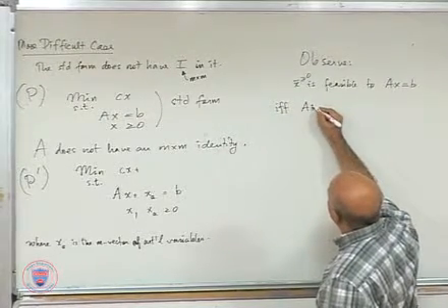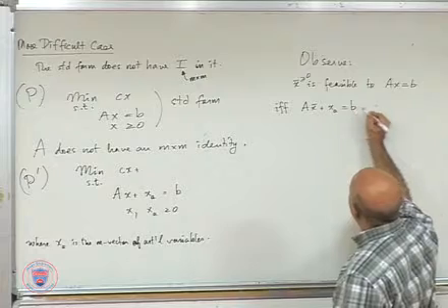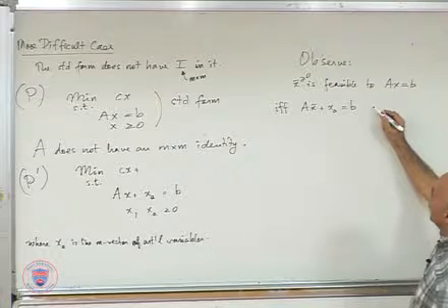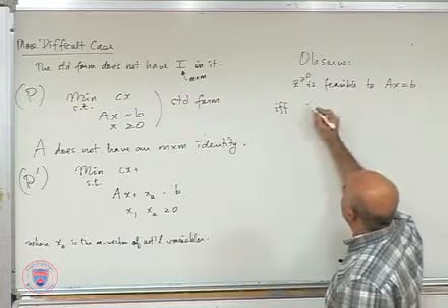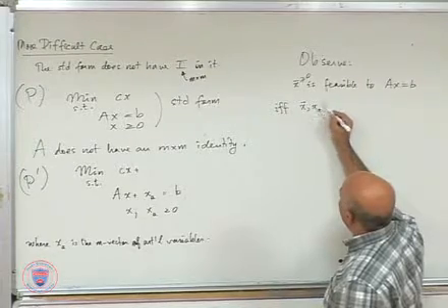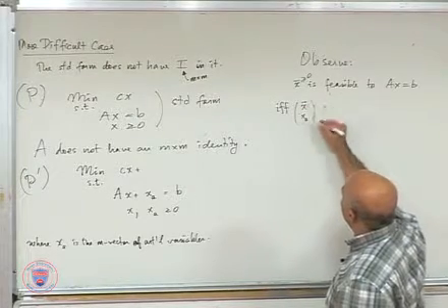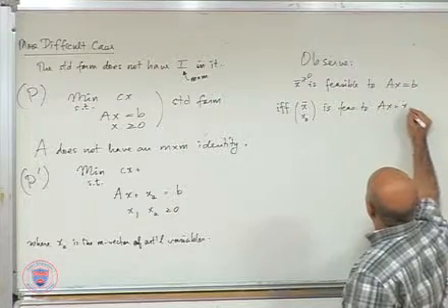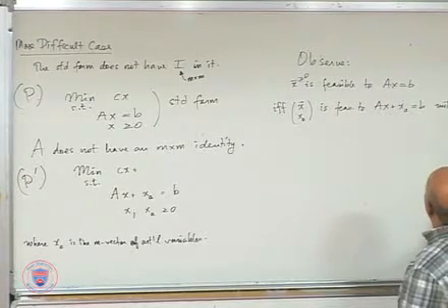AX bar plus XA equals B, let me put it this way. If and only if X bar and XA is feasible to AX plus XA equals B with XA equals 0.